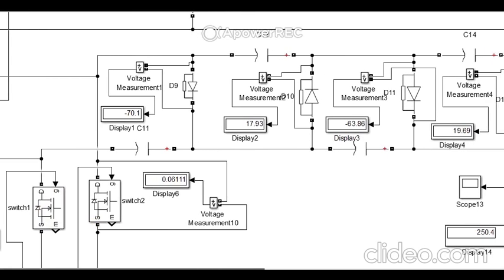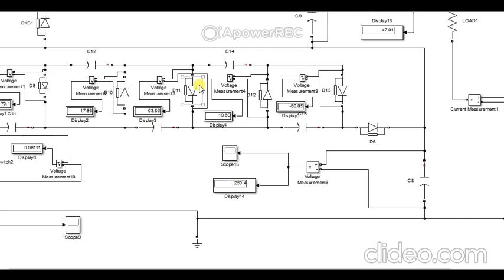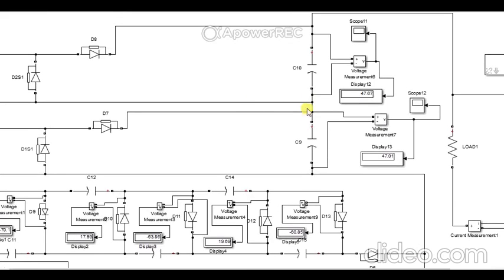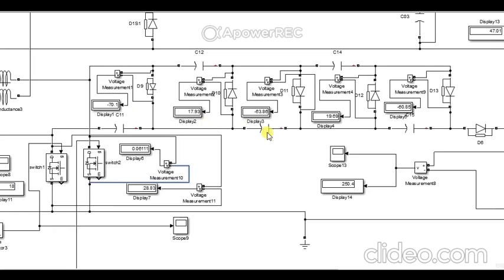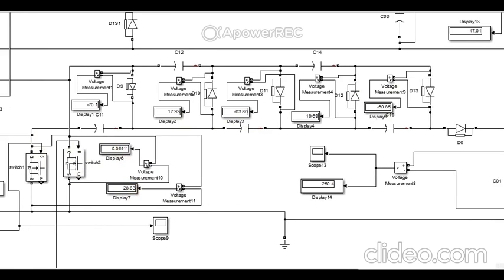The secondary side of the coupled inductors gives the output voltage to C03 and C02 respectively, and these capacitors add up the voltage and give it across the loads.